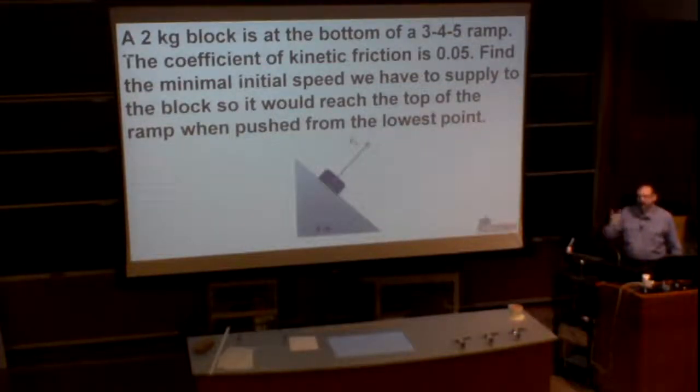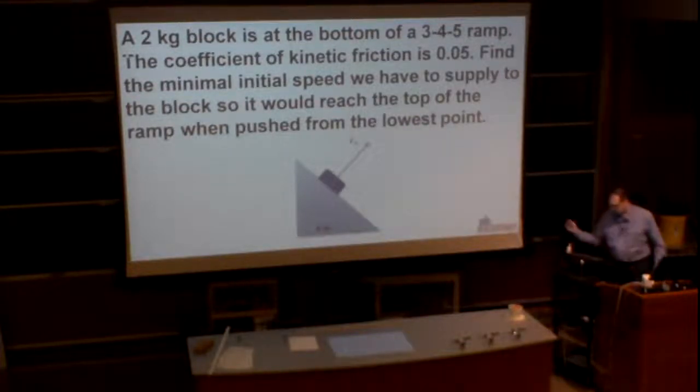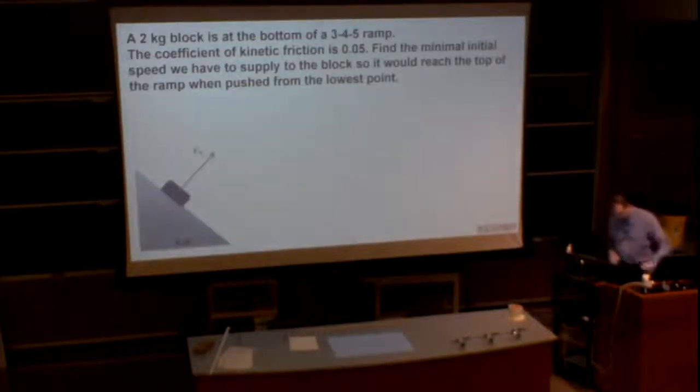Well, that's the opposite problem, so I'm going to do it very quickly. We start at the bottom of the ramp now, right here, and we give a push. So the box now slides up the ramp.